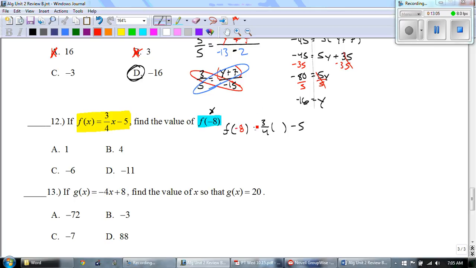So f of -8 equals 3/4 times -8 minus 5, and now we simplify. 3/4 times -8 is -6. And -6 minus 5, we get -11. So my correct answer is D.